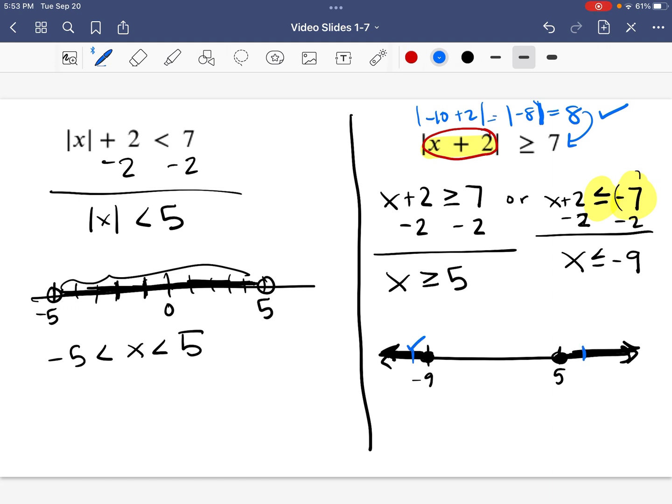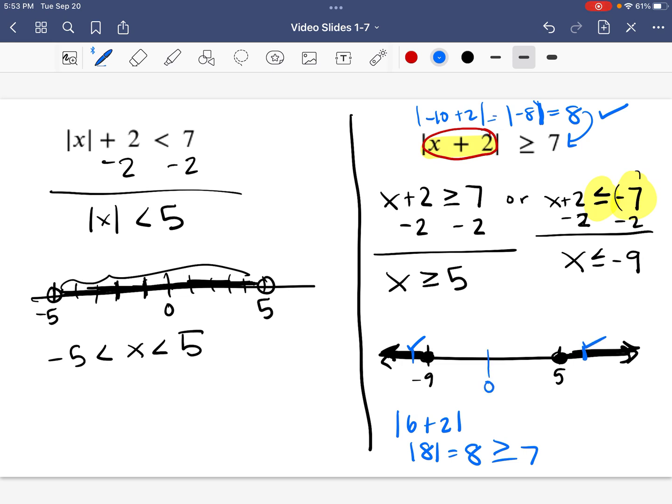Let's check over here. Let's plug in 6. If I say the absolute value of 6 plus 2, well, that's 8. The absolute value of 8 is 8, which is also greater than or equal to 7. So, check. That answer works as well. I could also just plug something in the middle.